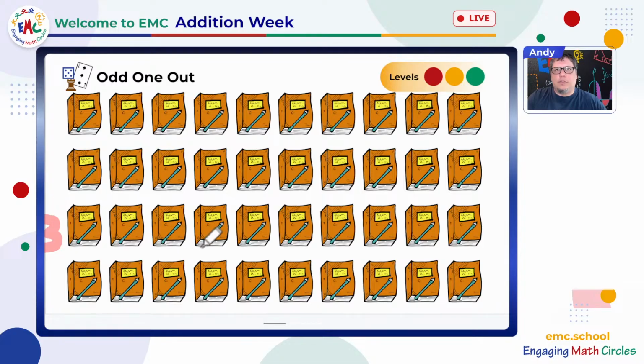No worries. It was this one. Has a shorter pen. It got cut off by the book. Awesome. Great job. End of pencil.